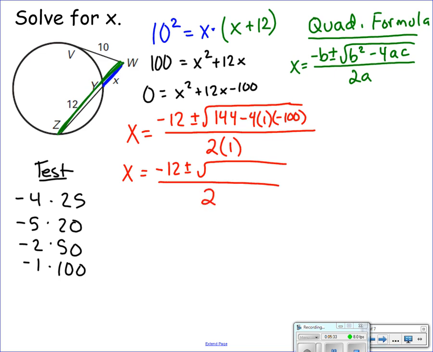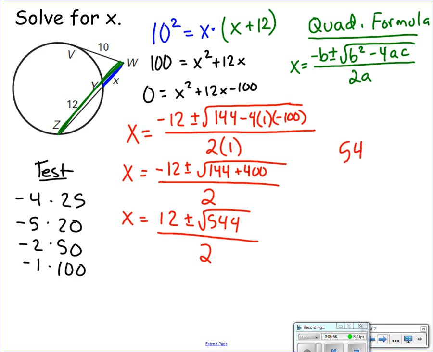On the top, I have 144 plus 400. And we have negative 12 plus or minus the square root of 544. 544 is equal to 16 times 34.